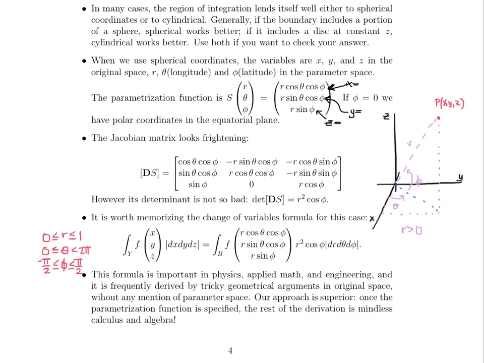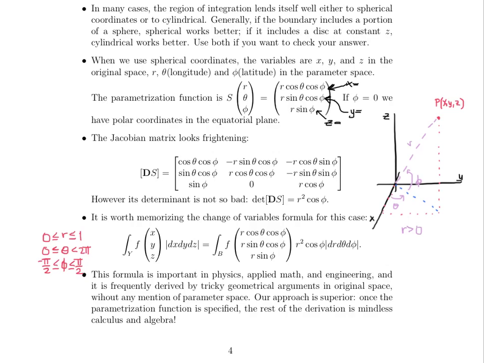Yes, there are some redundancies in phi in particular, because if we hold r constant and we make phi equal to negative pi over 2, we can change theta however we want, and it's always going to map to the same exact point down there on the pole, or at least along that axis. But that's okay, because that's really only happening on a set of volume 0. So those are the 2 different coordinate systems that you should definitely know.